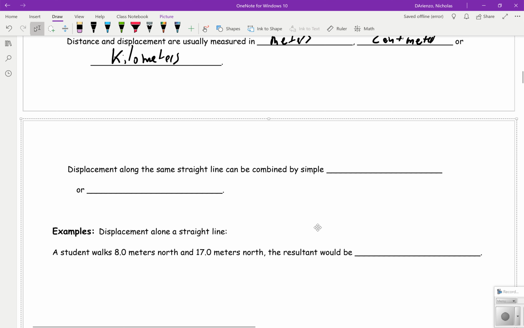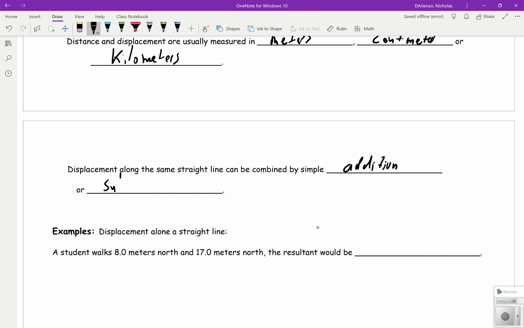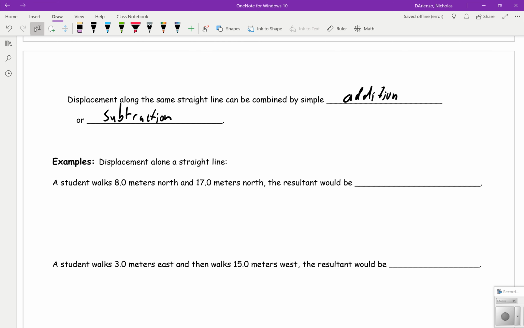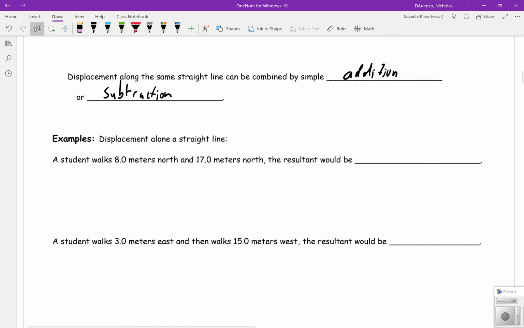Now, displacement along the same straight line can be combined by simple addition or subtraction. So when we treat motion along the same line in the same dimension, let's say, we can just add those vector arrows by simple addition and subtraction.